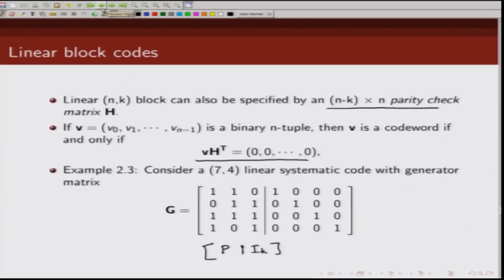Another interesting property you can see is, since VH transpose is 0, I can write this as U times GH transpose is equal to 0. In other words, GH transpose is 0. What does that mean? The rows of the G matrix and rows of the H matrix are orthogonal to each other.